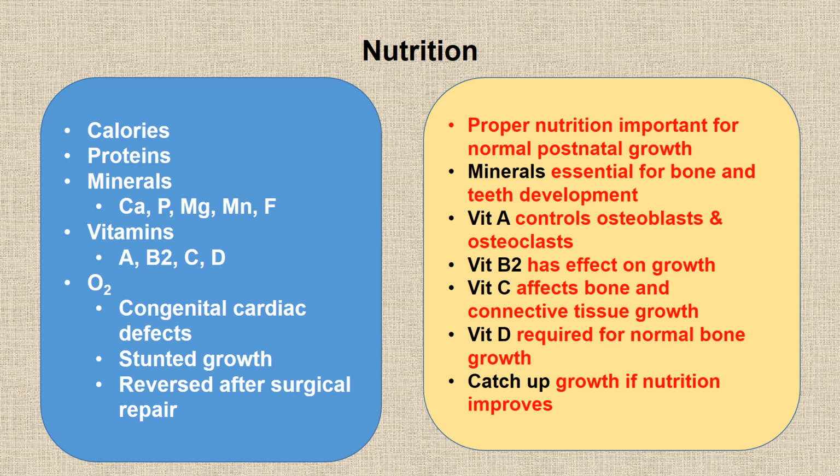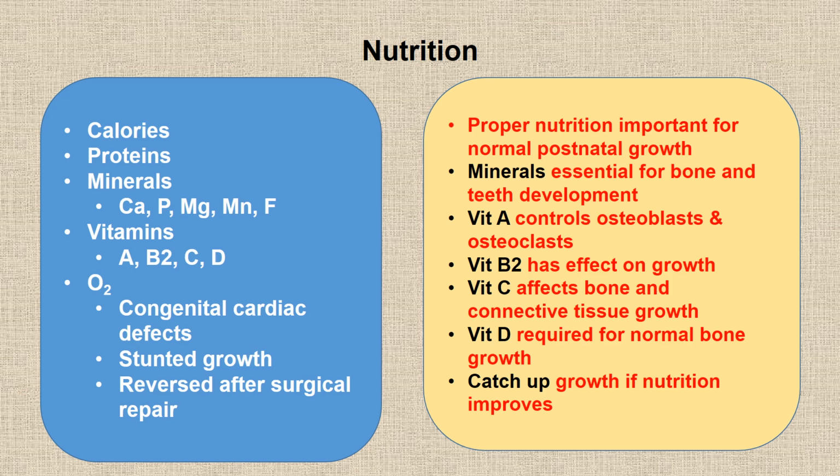Good nutrition is essential for growth, and by nutrition we mean sufficient calories, proteins, minerals such as calcium, phosphorus, manganese, magnesium, and fluoride, and vitamins, especially vitamin A, B2, C, and D. Even oxygen has an effect on growth.